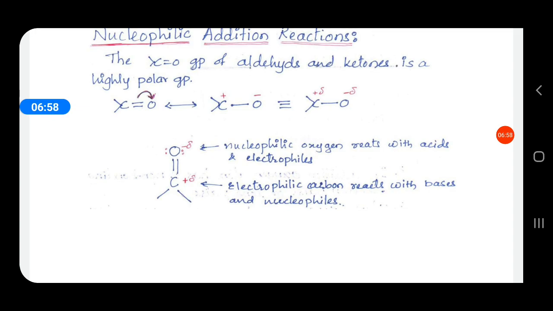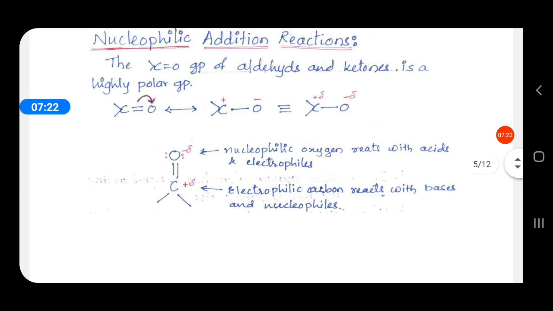Carbon, bearing a small positive charge, is an electron deficient carbon, so it is called an electrophilic carbon, and it reacts with bases and nucleophiles. So this is the structure of the carbonyl group.